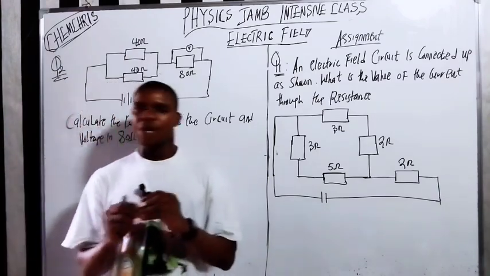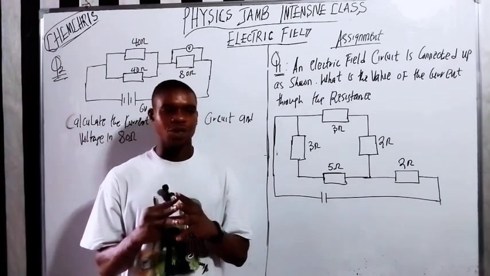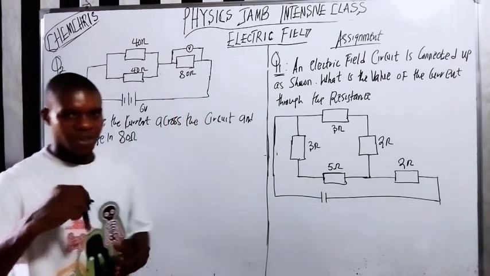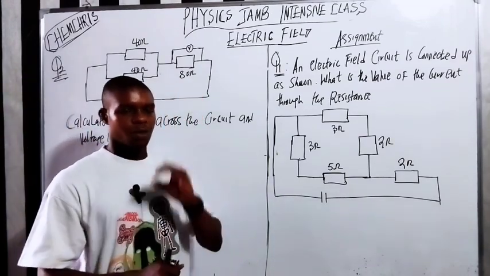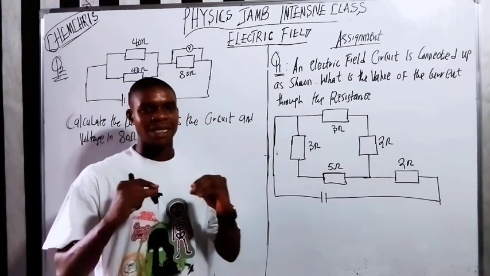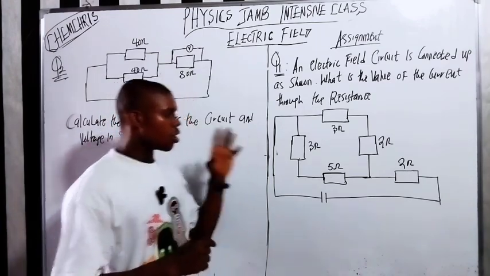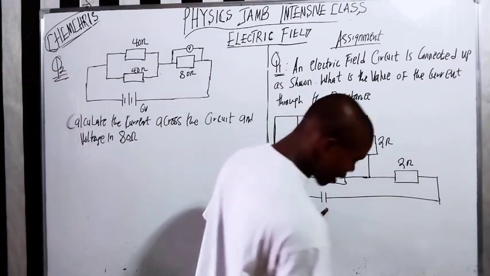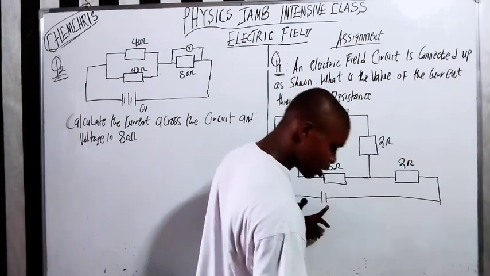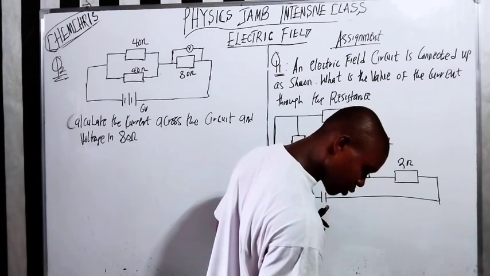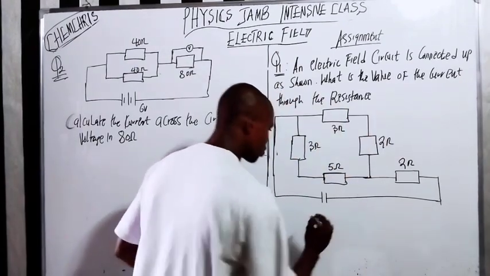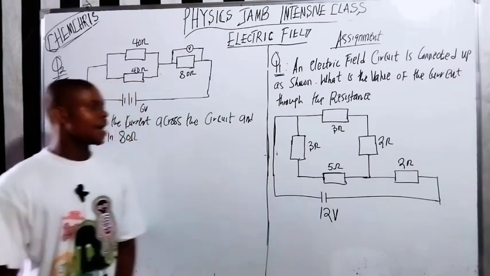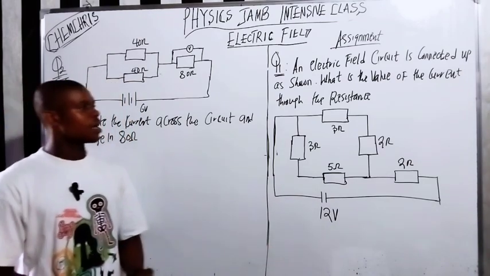If you cannot solve this problem, leave a comment that you need the solution to the assignments. But if you have answered it, please leave your answer in the comment section. Let me know the number of persons that will be able to answer this question. Like this one here, it's not complete. Let me see if I can complete this one here. They're going to be 12 volts. Yes, that is it. So go ahead and answer this question.